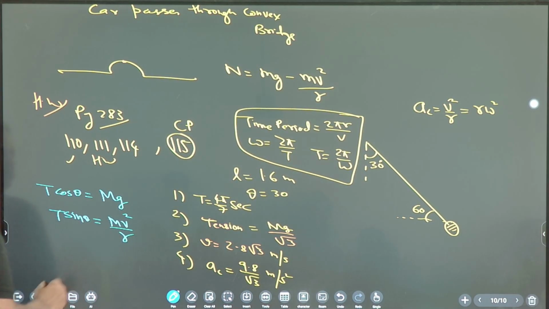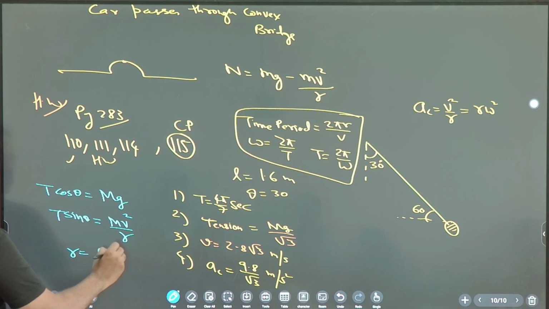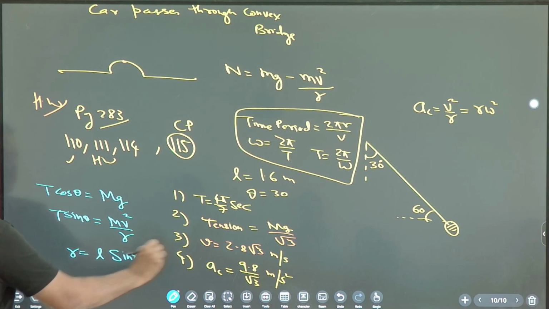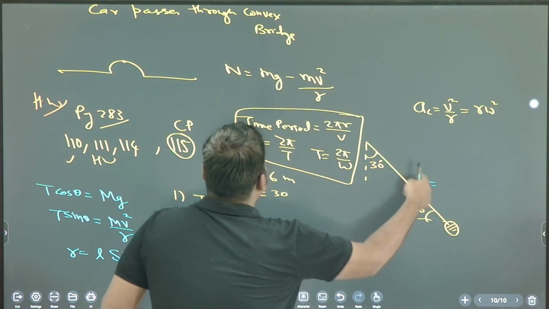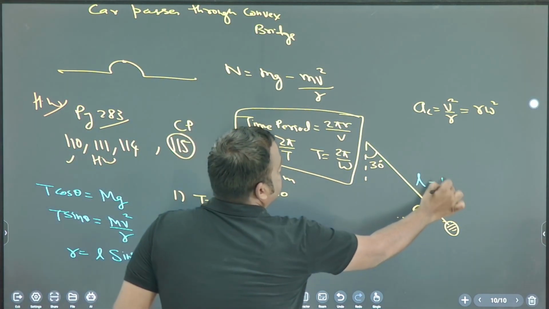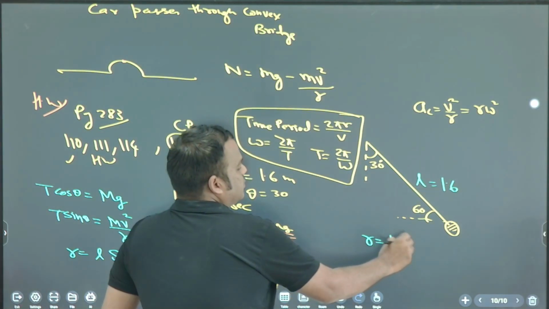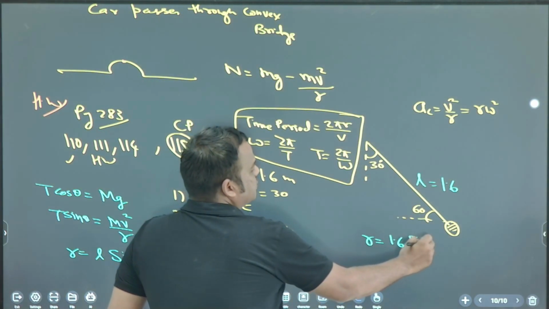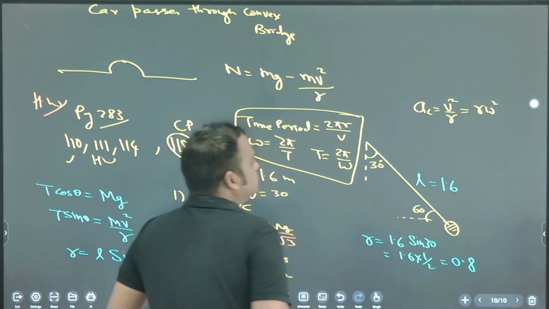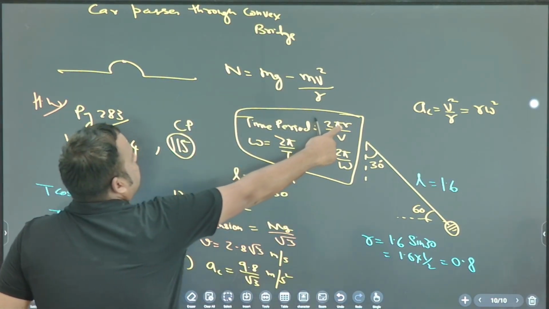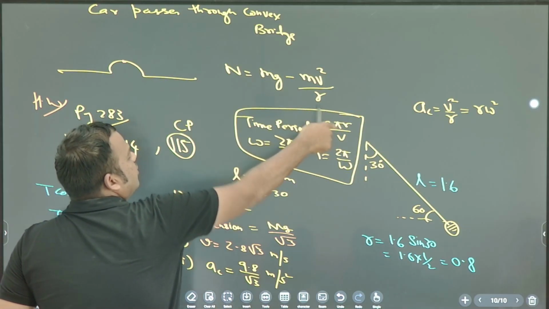Mv square by R. Okay. And what is R? Radius. Radius is equal to L sin theta. So now L is given, 1.6. Theta is 30. So calculate radius. 1.6 L sin 30. Solve. 0.8. So R is equal to 0.8. Now how to calculate time period? Time period, you can use this formula or this formula.